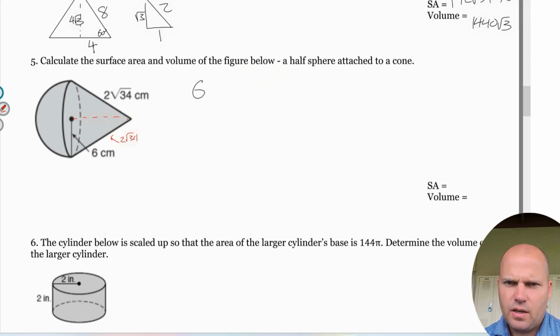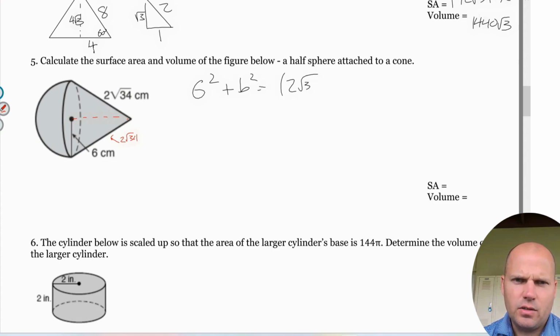Six is a leg. The height is a leg. The diagonal is the hypotenuse.